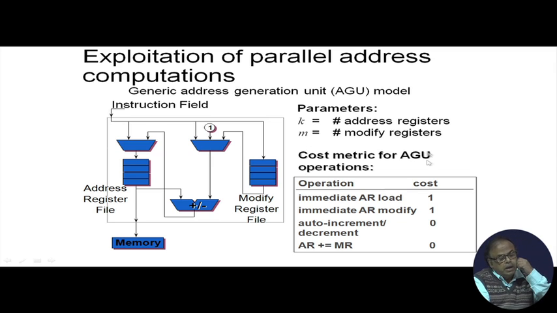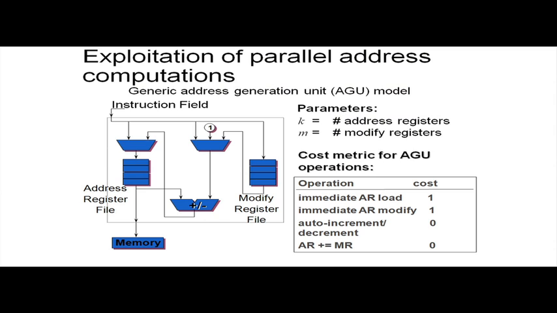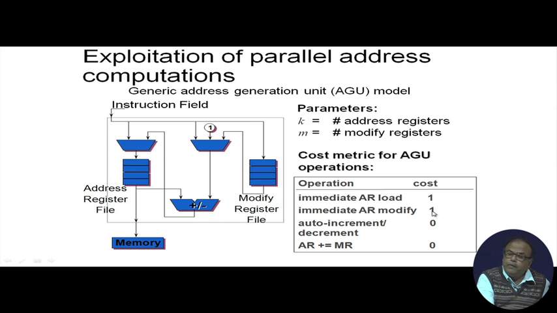Now, the key point is that I have k address registers and m modified registers or scratch pads. If I have an immediate address register load, that means I load it with a particular address, the cost of that is 1. If I modify it, the cost is 1.